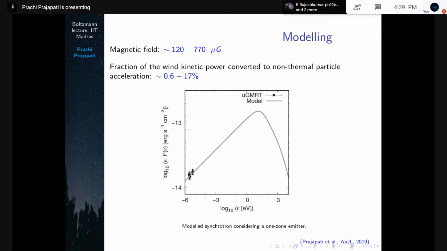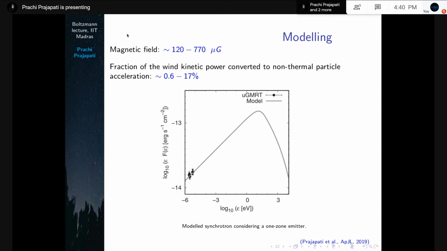And to understand the presence of particle acceleration, or the creation of relativistic particles from this non-thermal emission, we can model the emission from whatever we have observed.